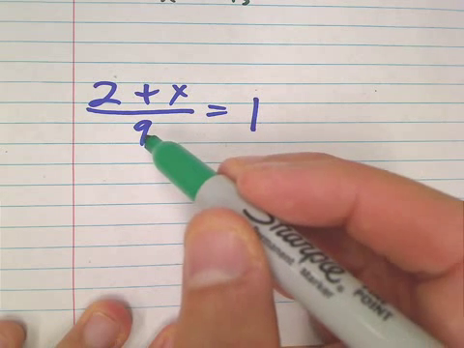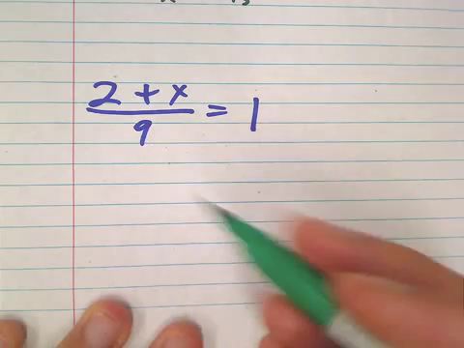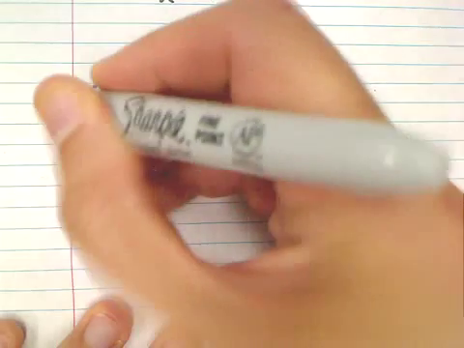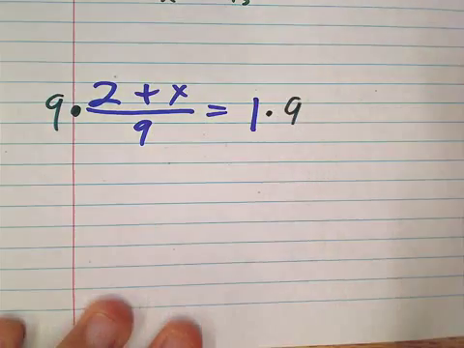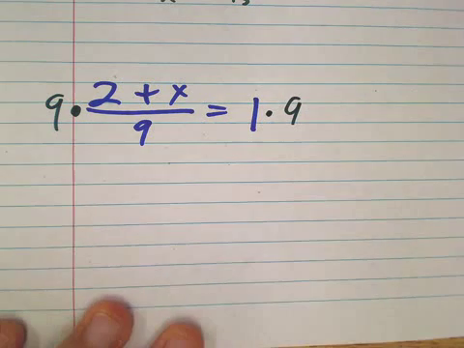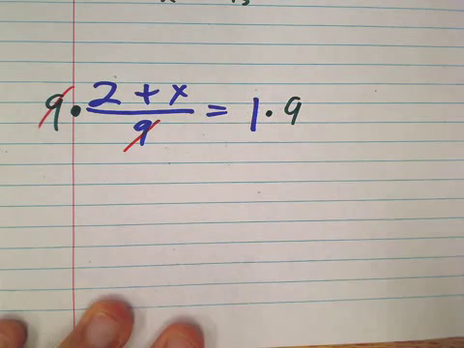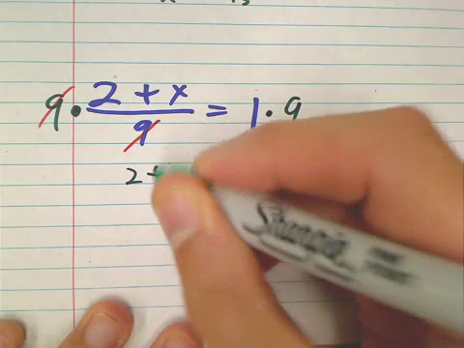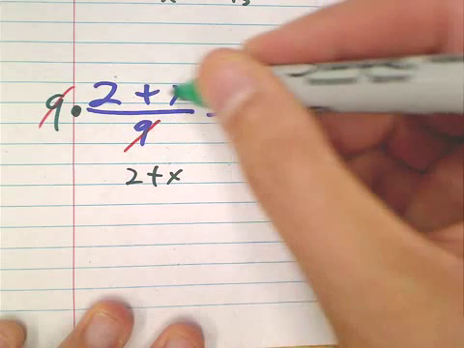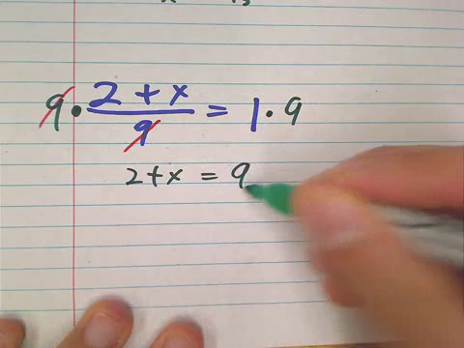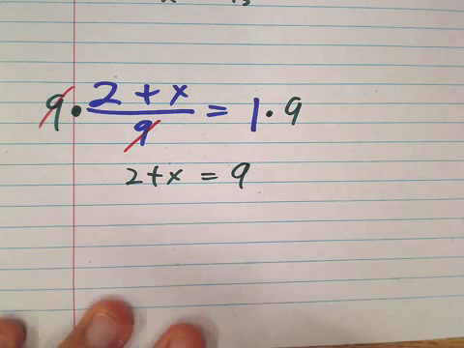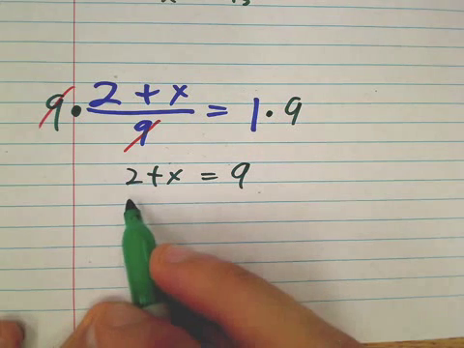So I'm going to do the opposite of that to solve this. I'm going to get rid of the 9 first. I'm going to multiply by 9. Multiply by 9. Okay, these 9s will cancel out. And I'll be left with 2 plus x. I'm just copying what's in the numerator here. Is equal to 9. And then next I will subtract the 2.